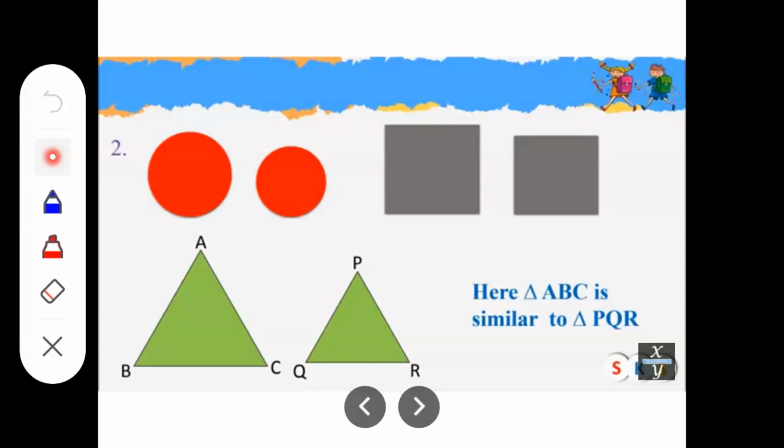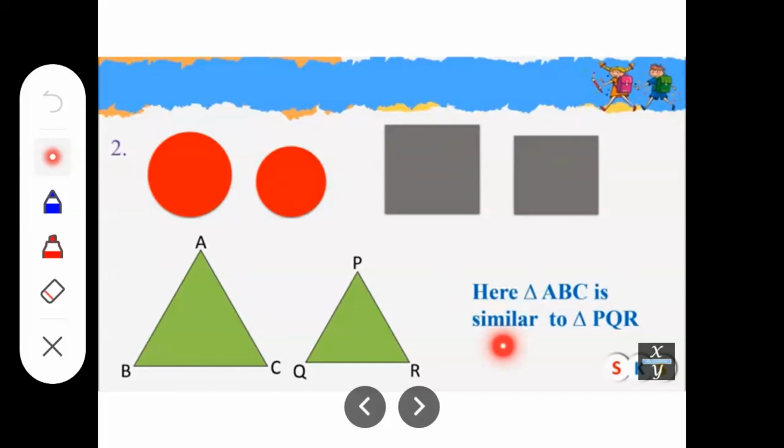So the like-looking figures, but the size is not equal, those kinds of figures are called similar figures only. Like-looking figures are similar figures. The figures having the same size are congruent to each other.